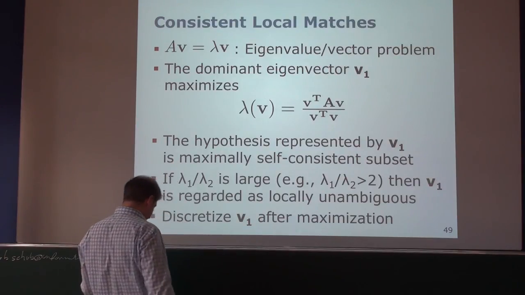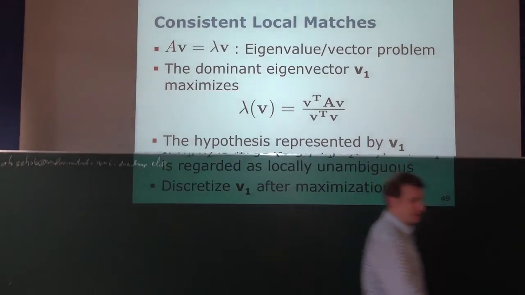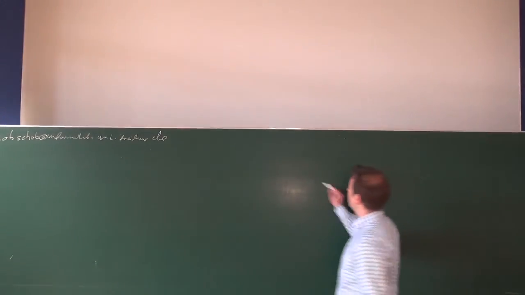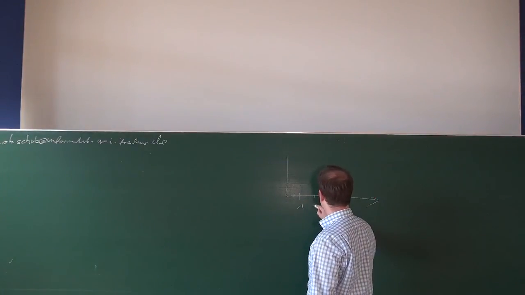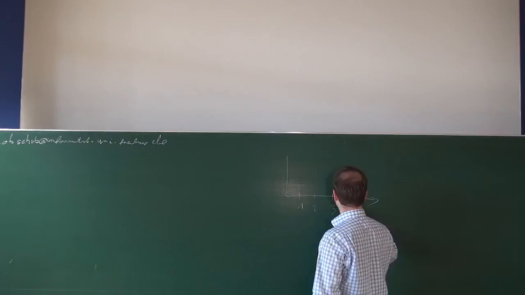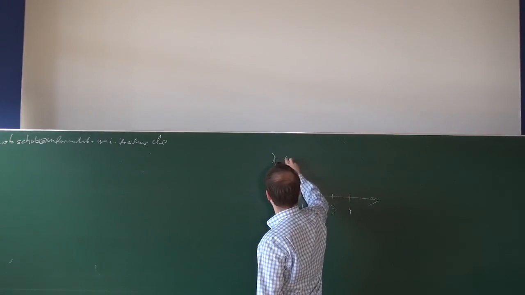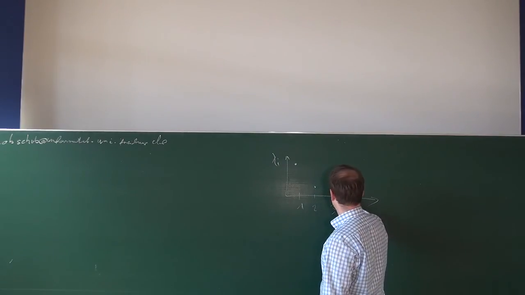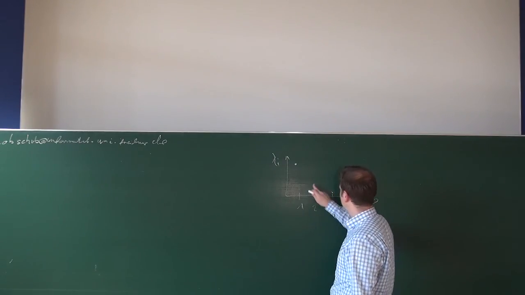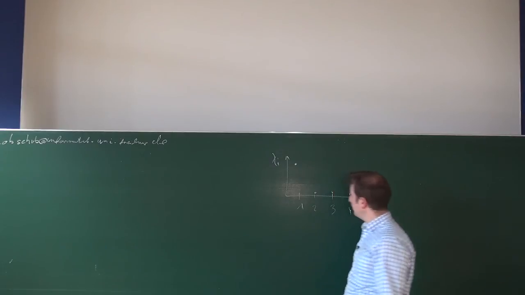If I visualize this, I have one situation over here. This is the first eigenvector, second eigenvector, third, fourth, and this is lambda i. This is a high value, and the others are low values, even lower like this.